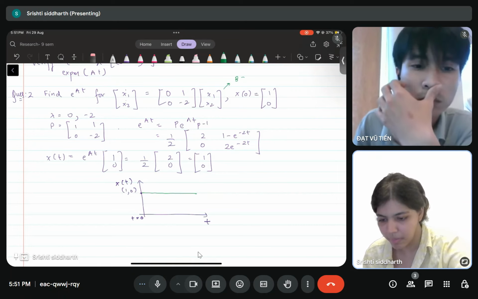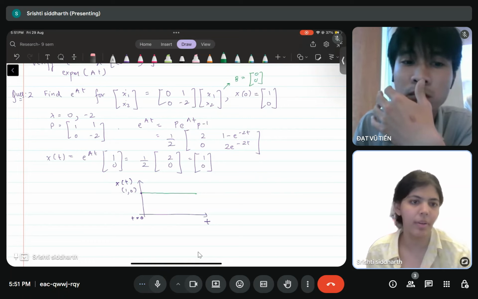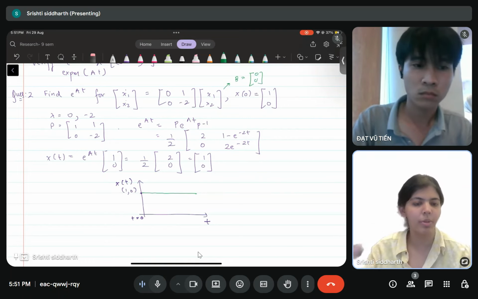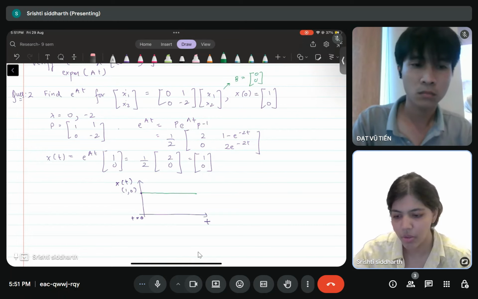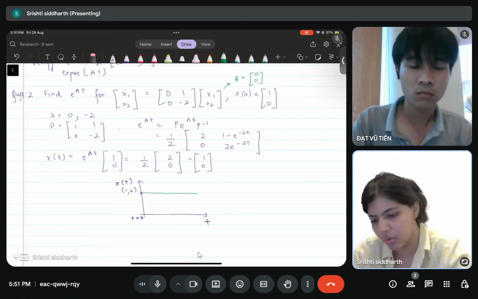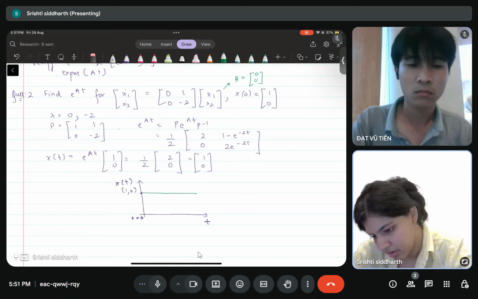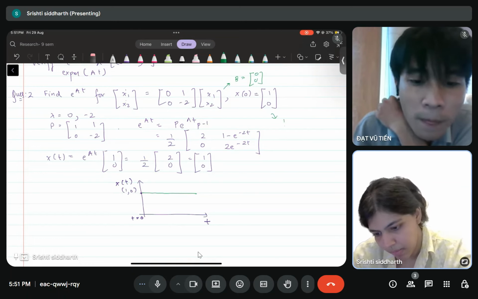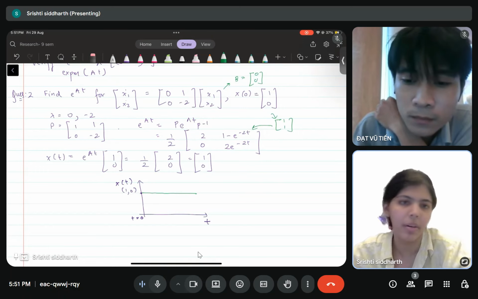Just observe that B in this case is 0. So if there is no input, the system remains in the initial condition. So you can give any initial condition. So if it is some 1, 1, then it would become independent of time.